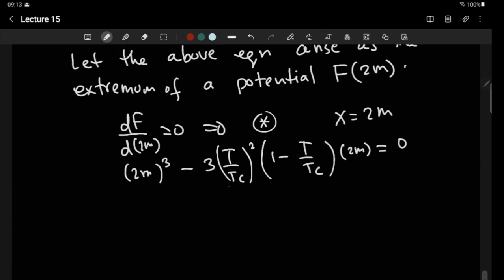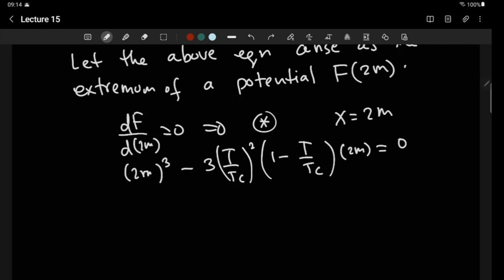Actually, we can even forget. We can think of this as being 1 if you want, because there will be some higher order corrections. The operative term here is that this term is a positive number for T less than Tc. Then I put out a minus sign.